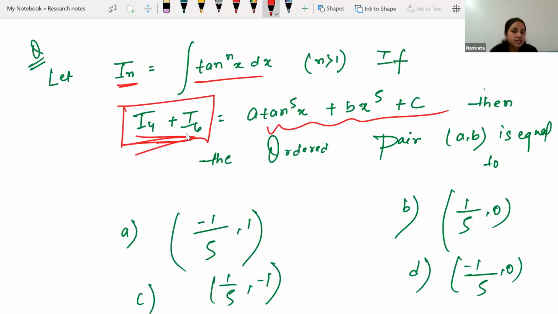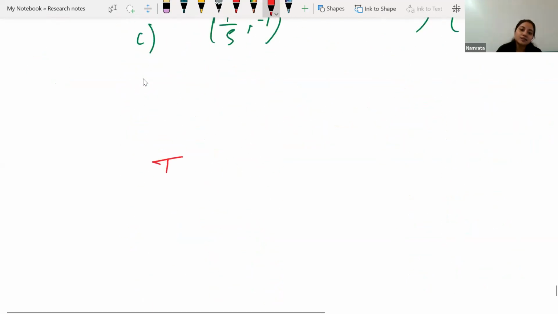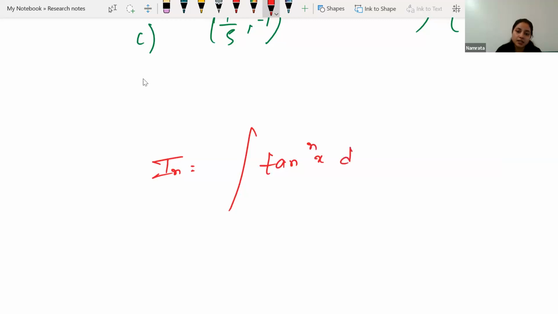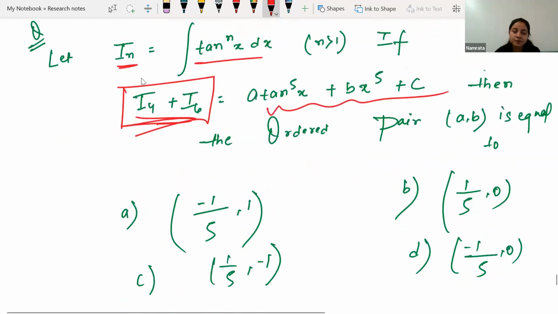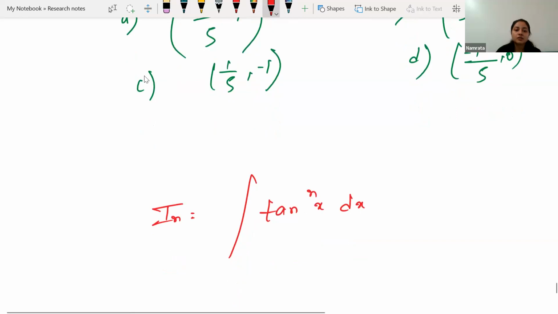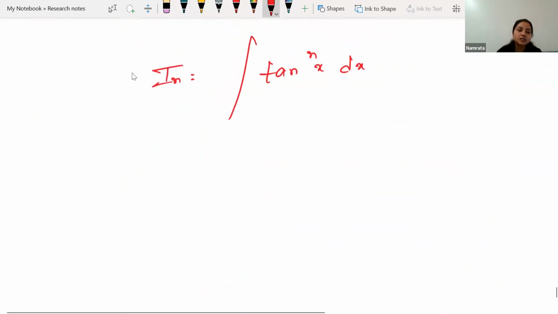So I4 plus I6 we have to find, but it is given that In is the integration of tan to the power n x dx. Yeah, that's what is given for In. So we have to find I4 plus I6.